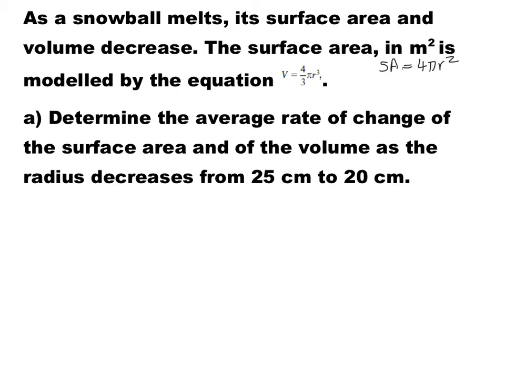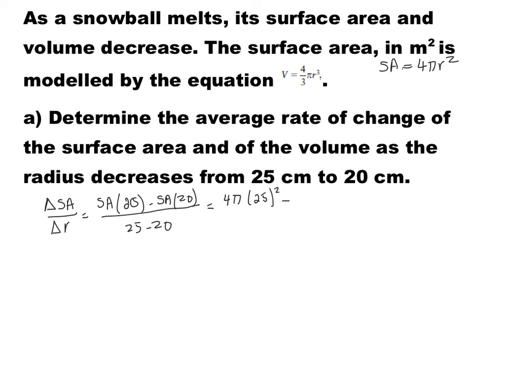To find the average rate of change of surface area, we say that delta SA, surface area, divided by delta R is equal to surface area at 25 minus surface area at 20 divided by 25 minus 20, which is equal to 4 pi r squared, which is 25 squared, minus 4 pi 20 squared over 25 minus 20, which is 5.